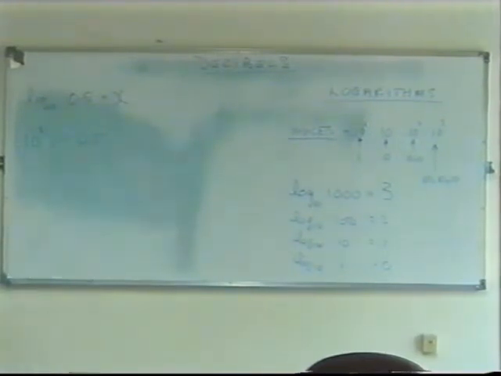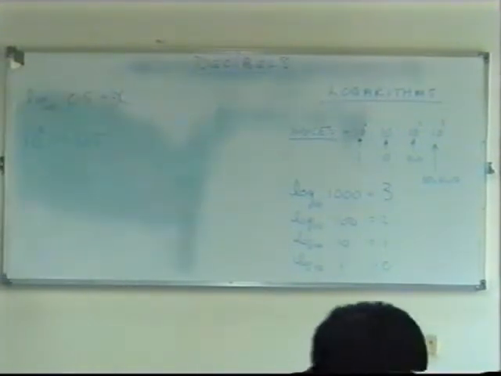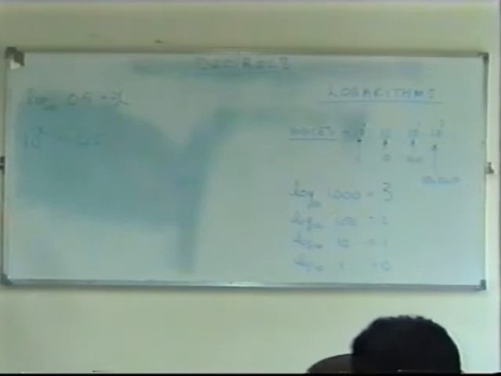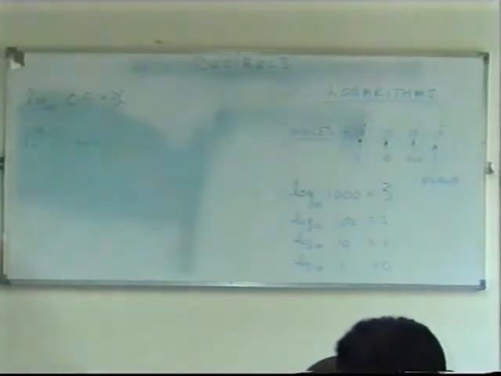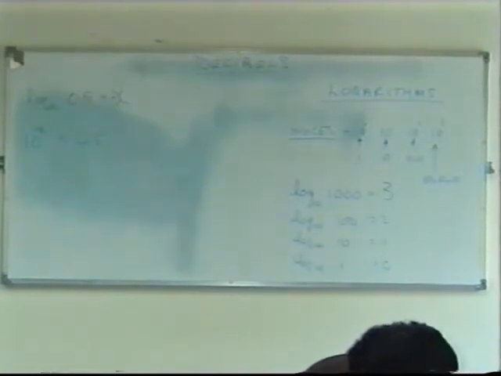It doesn't alter the actual number, the log. But in fact, because this number is less than 1, x itself would be a negative number. So it's like 10 to the minus x, 1 divided by 10 to the power x, equal to 0.5.